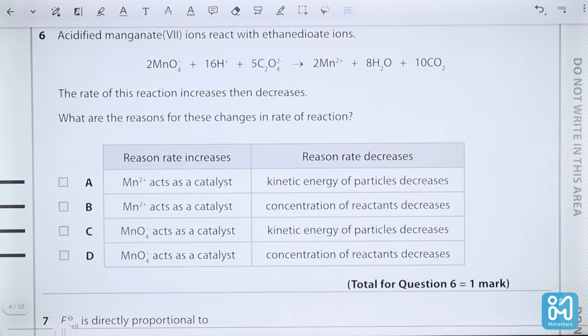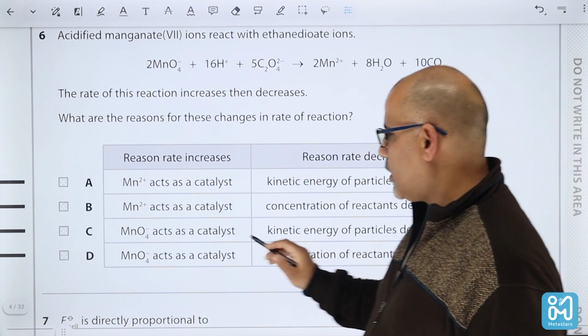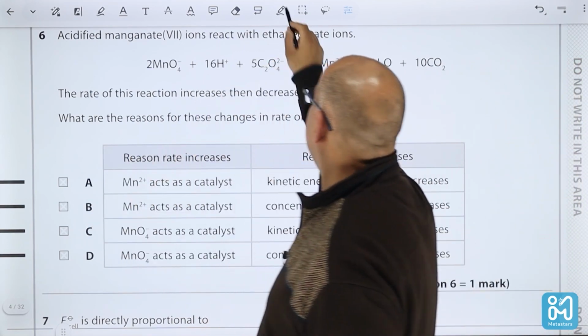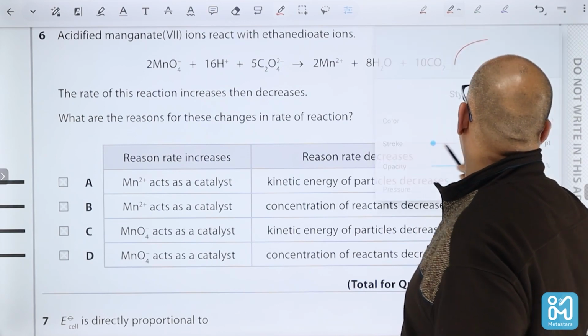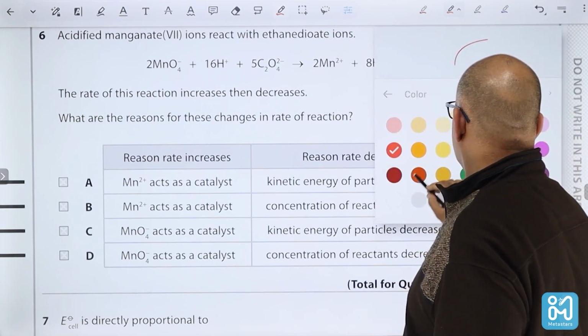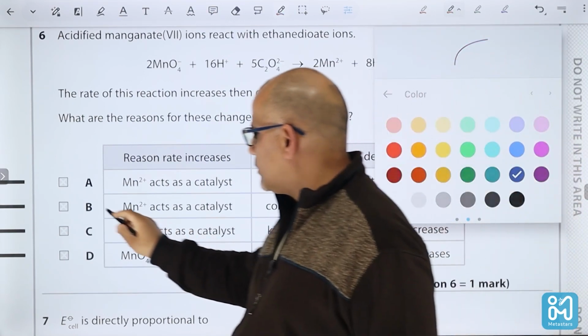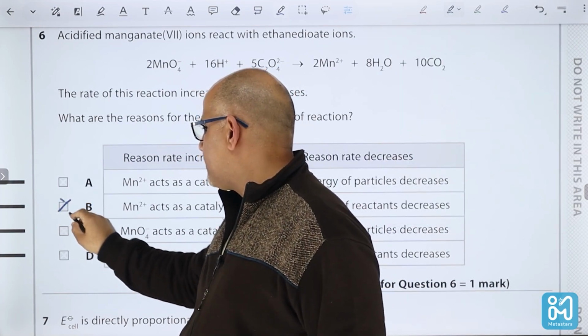But for the second one about the rate, since the kinetic energy of the particles decreases, the correct answer is B, because the concentration of the reactants was decreased and that's why the rate decreases with time. So B is the correct answer. The correct answer is B.